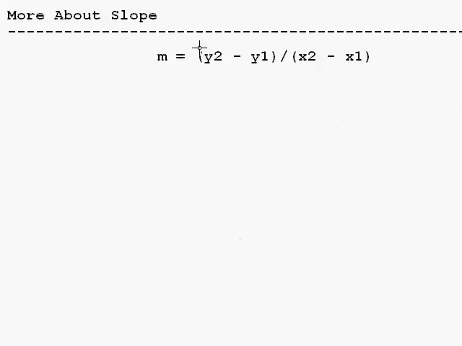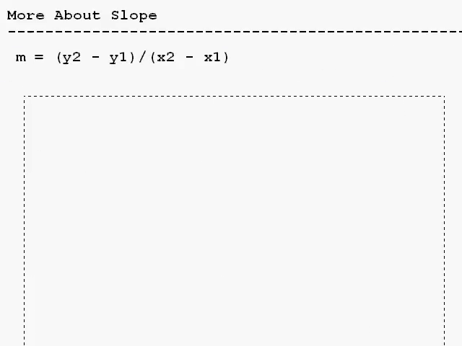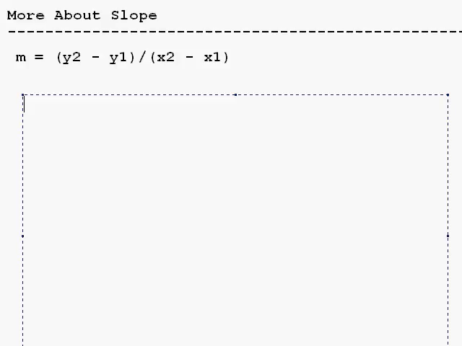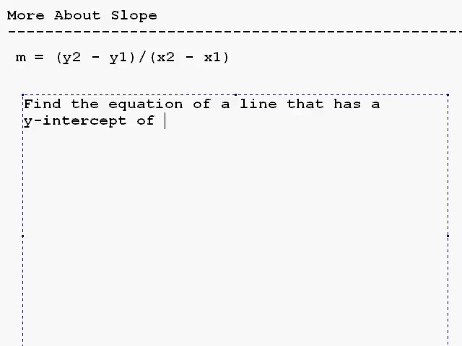So what if we're given a point and the y-intercept? Let's say find the equation of a line that has a y-intercept of 5 and goes through the point 3, 2.